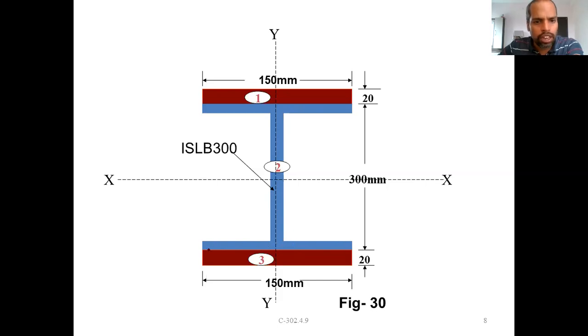We don't know the individual dimensions, such as the flange thickness, web thickness and width of the flange. Everything is not given to us. The problem only gives the moment of inertia of the I section about the x-axis, the area, and Iyy.